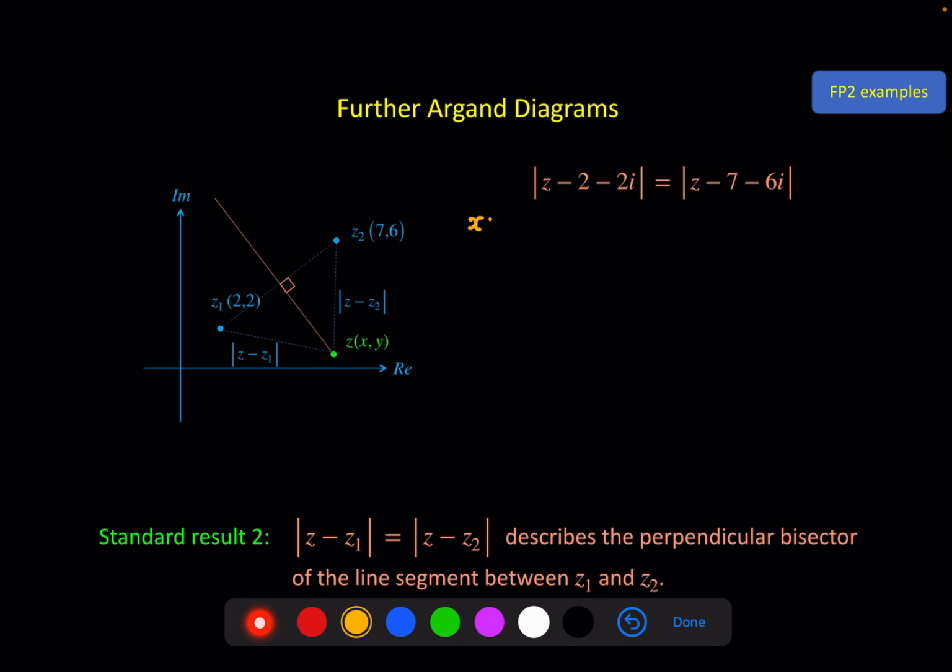So we had x plus yi instead of z, but this time it comes up on both sides. Then group your real and imaginary parts in order to remove the modulus symbols in the next step.